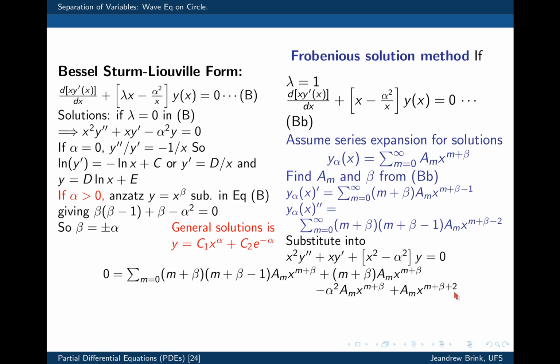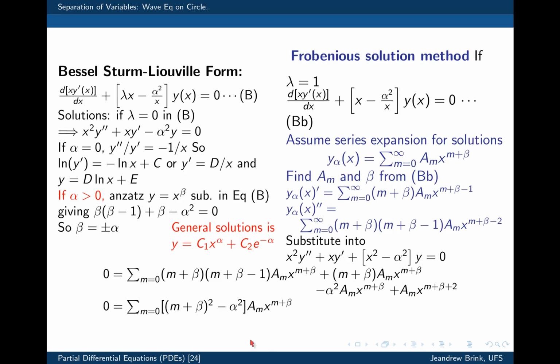So you now have the summation over m from 0 to infinity, and it would have been very convenient if that plus 2 wasn't there, because then you could just group all the terms together, forget about the x to the m, and say they must all be 0 independently. But you can't do that, because you have to compare like powers. So the way you get rid of this is you can see that this is just a summation over m, so you can relabel m. And so we do that.